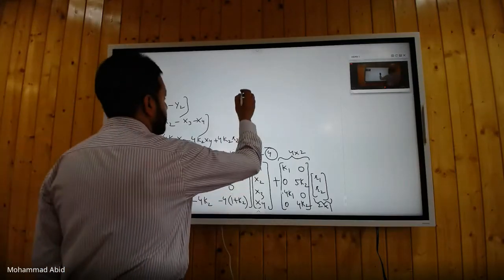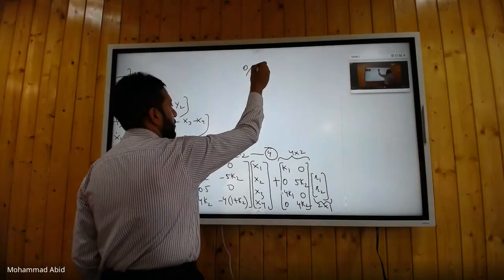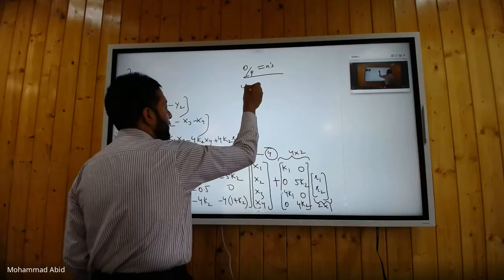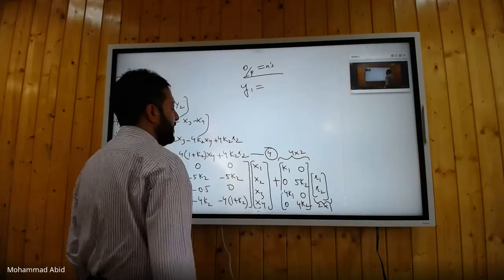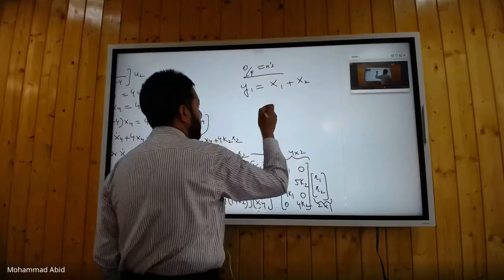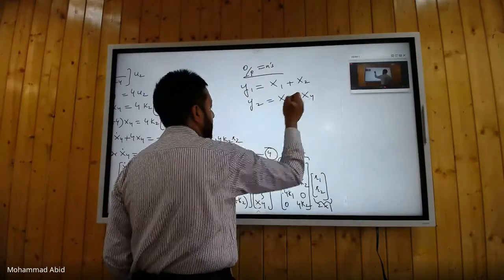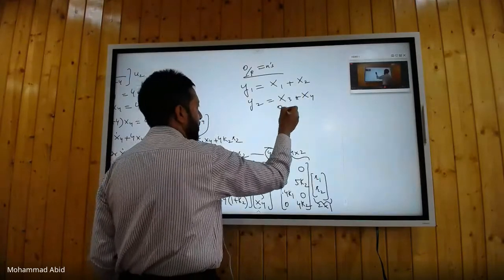जी सर, अब बताओ आउटपुट इक्वेशंस। आउटपुट्स भी इसमें दो है ना। पहले y1 की इक्वेशन लिखते हैं। What is y1 equal to? x1 plus x2. And what's y2 equal to? x3 plus x4. बताओ इसमें कैसे लिखेंगे आउटपुट इक्वेशन मैट्रिक्स फॉर्म?